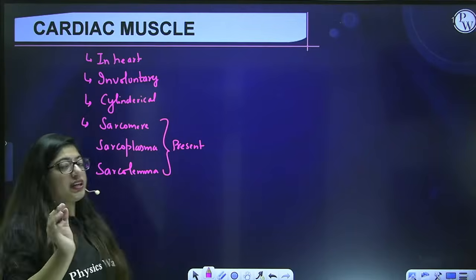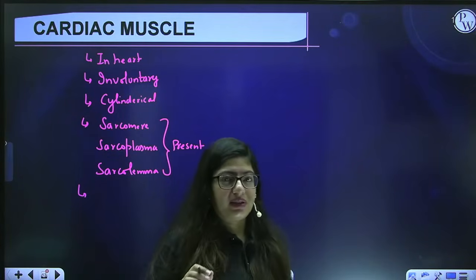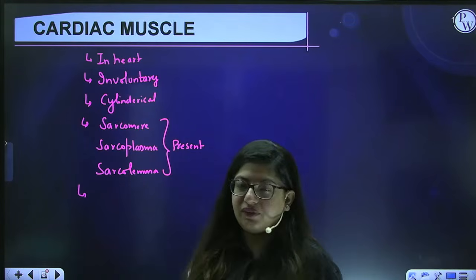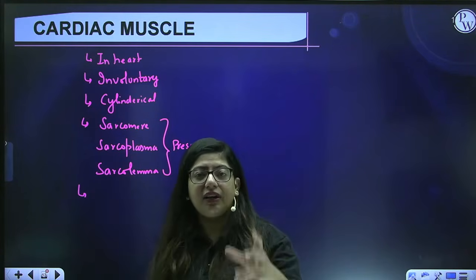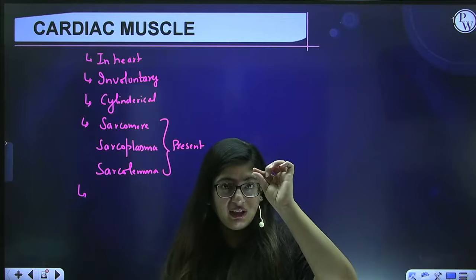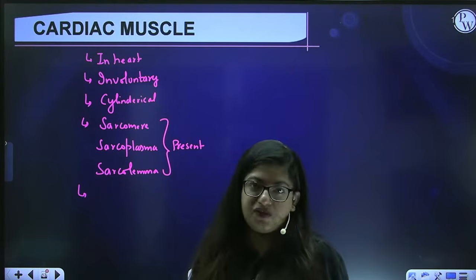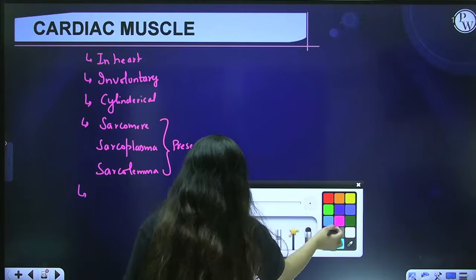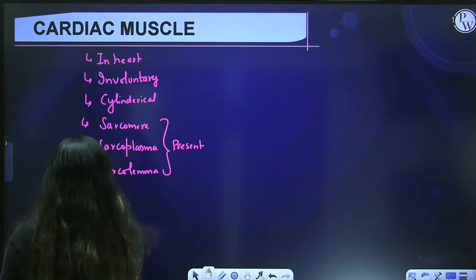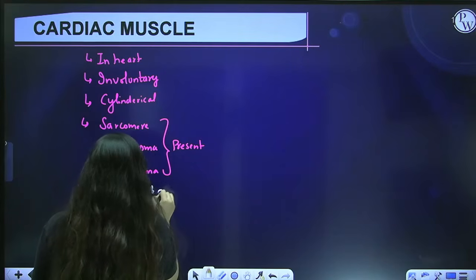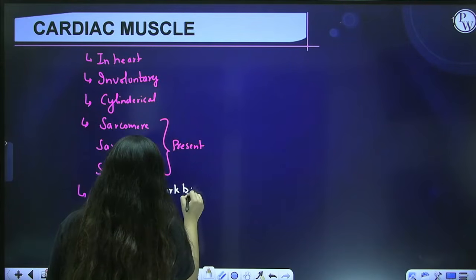The difference is that the alternate light and dark bands in the cardiac muscle are very faint in comparison to the skeletal one. The reason is the cardiac muscle is very thick. If you have anything thick, the bands will not be very visible. So here faint light and dark bands are present.